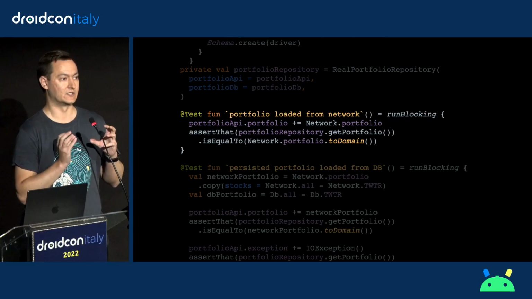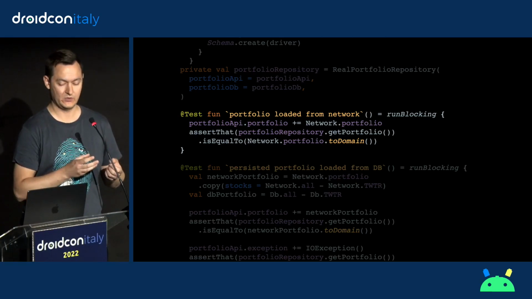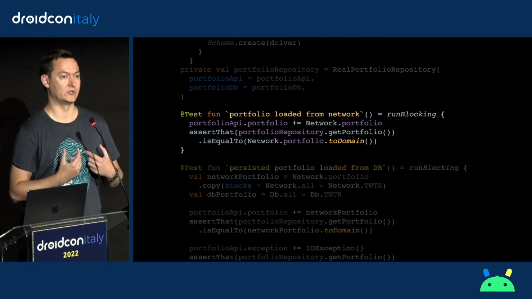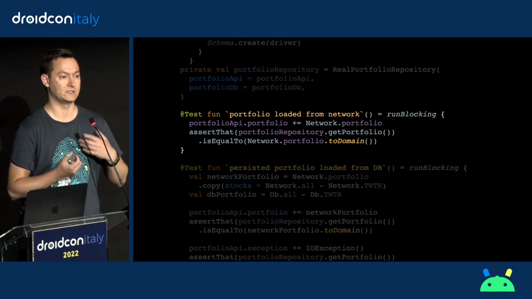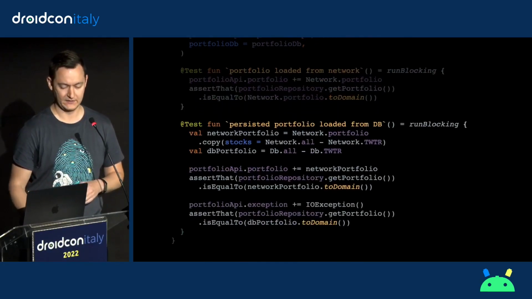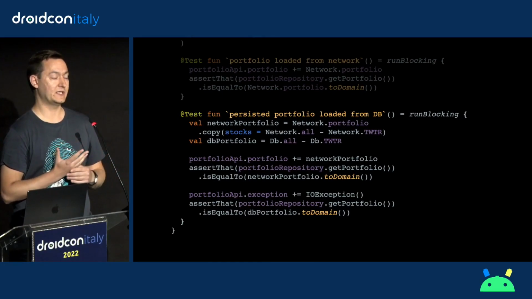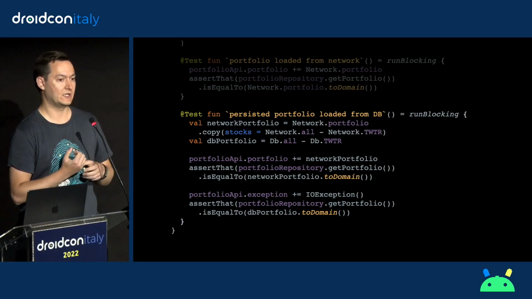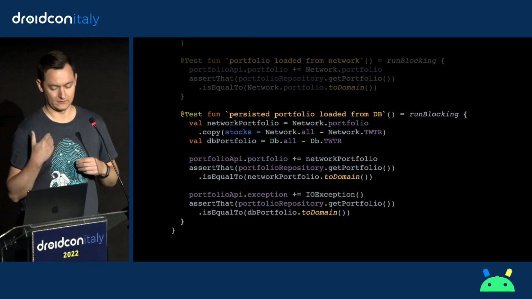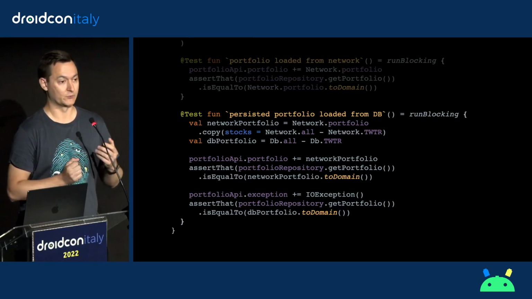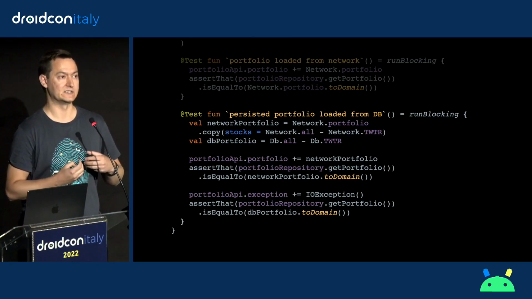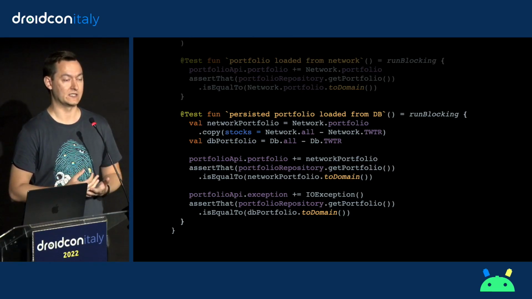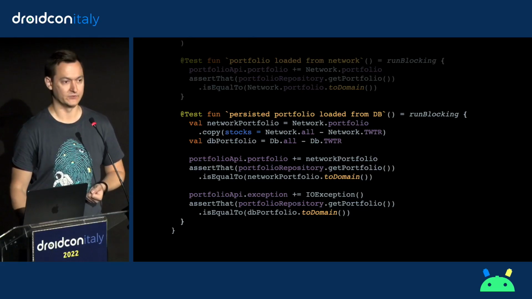Once we've injected our test portfolio, we can call our repository and verify that what we get out is what we're expecting. Here we can write a more complicated test. We're testing that if we cached a portfolio, then later on, if our network request fails with an IO exception, then what we get is the previously cached portfolio that was in the database. So that's basically our unit test for the portfolio repository.